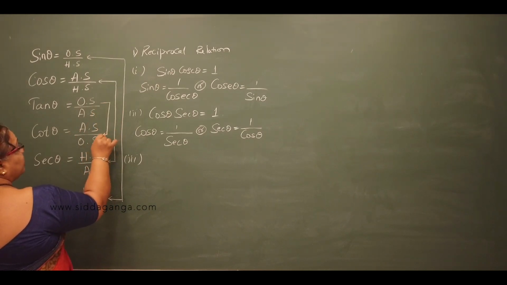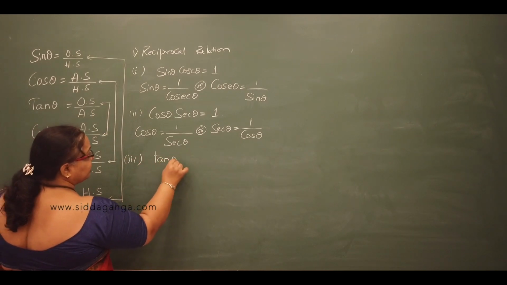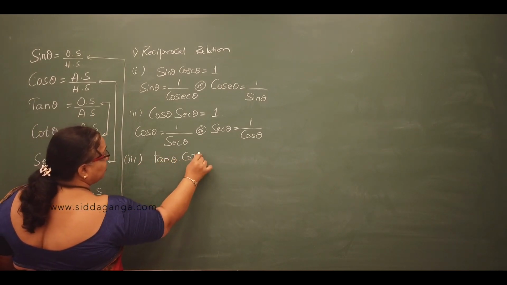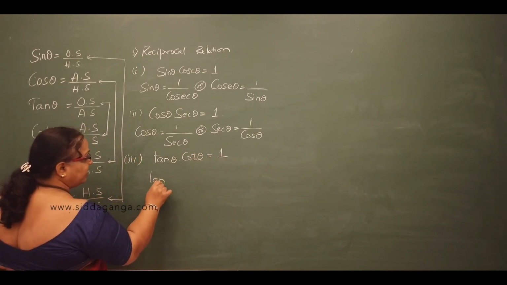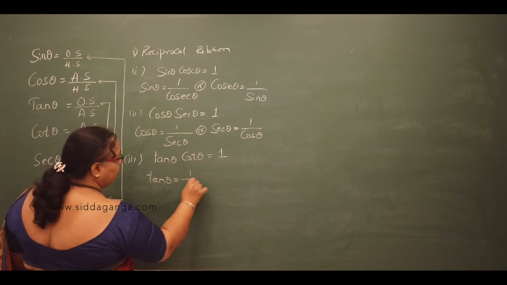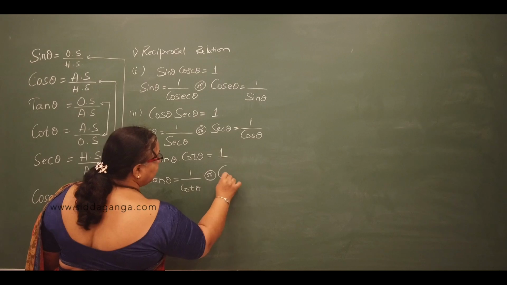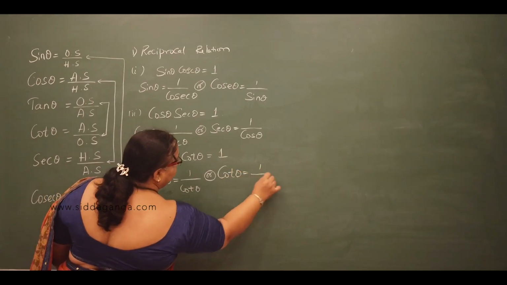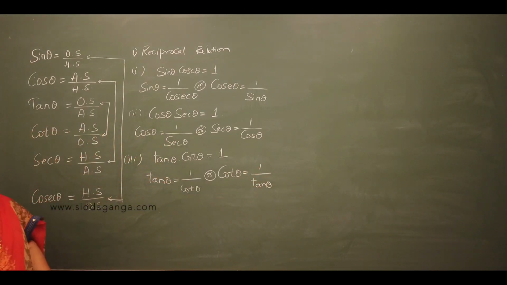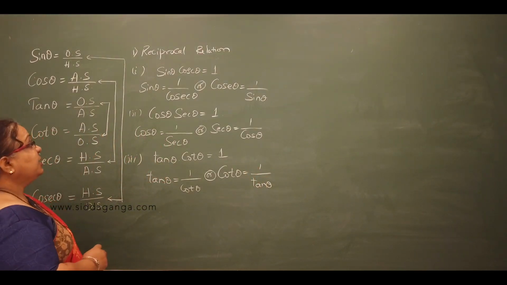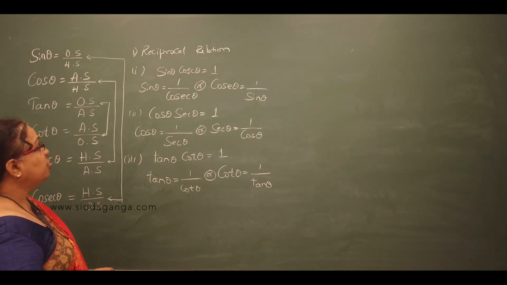They are reciprocal to each other, and hence tan theta into cot theta equals 1. Therefore tan theta equals 1 divided by cot theta, or cot theta equals 1 divided by tan theta. These three are the reciprocal relations between the 6 trigonometric ratios.